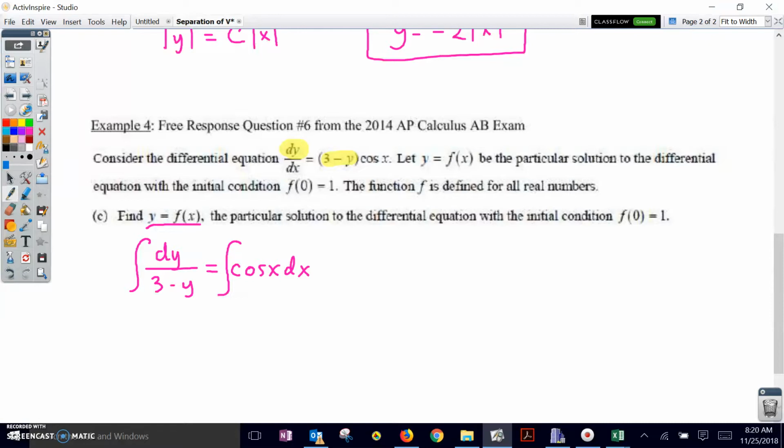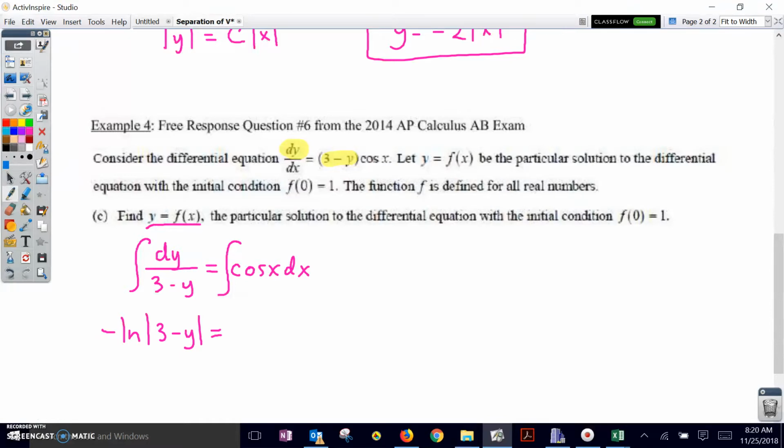The integral of dy over the quantity 3 minus y is negative natural logarithm of the absolute value of 3 minus y. Why the negative? Well, if we take the derivative of the natural log of the absolute value of 3 minus y, applying the chain rule gives us a negative dy when we take the derivative of the quantity 3 minus y.